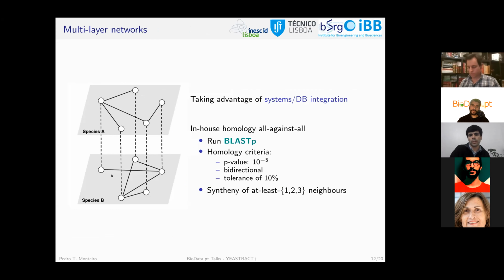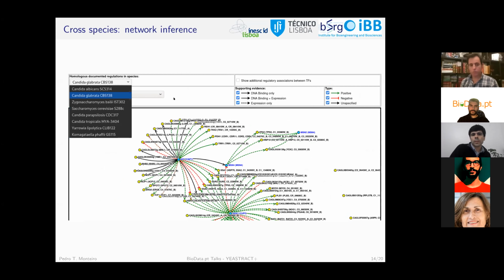So imagine that in species B, we don't know the network. And so we can project the network from Cerevisiae, for example, onto species B. And like this, we can infer what is the potential network in this new species. Sometimes you don't have homology to map the vertices between the species, but for those that you can map, you can project the network also. And so this came in the release of 2020.